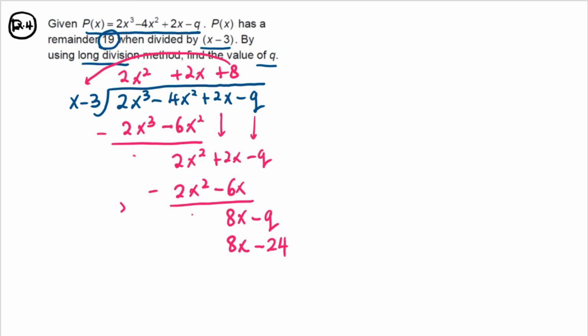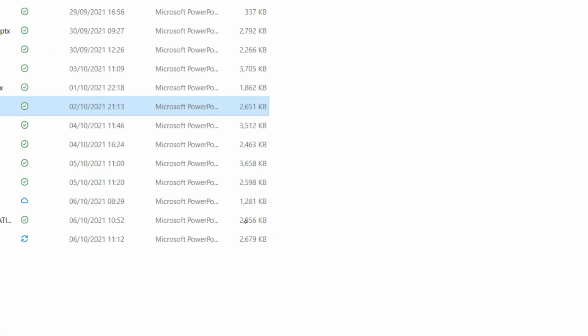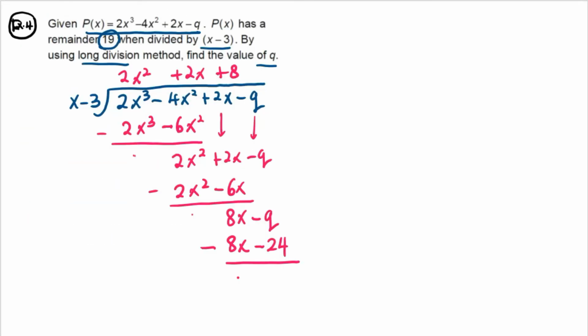Right, so now we want to simplify this. 8x minus 8x becomes 0, and negative q minus negative 24. Simplified, it will be negative q plus 24.